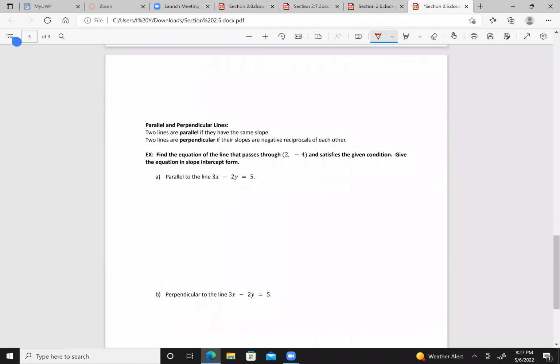Okay, now we'll talk about parallel and perpendicular lines. Two lines are parallel if they have the same slope. Two lines are perpendicular if their slopes are negative reciprocals of each other.